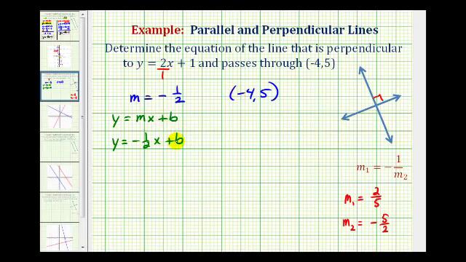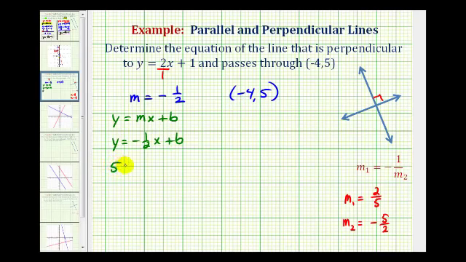And then to determine the y-intercept, it's not going to be positive 5 because the x-coordinate is not 0. But since this point is on the line, that means if we substitute these coordinates into the equation, it should satisfy the equation. So we'll substitute negative 4 for x, 5 for y, and then solve for b.